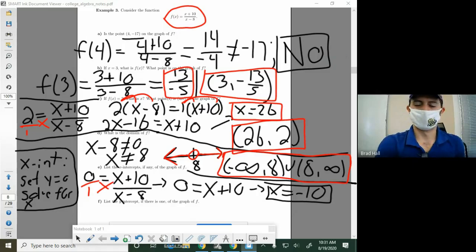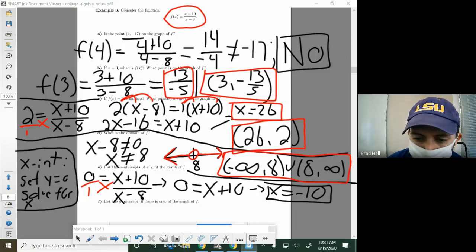And finally, the y-intercept, which is the complete opposite of the x-intercept. Instead of y equal to 0 and solve for x, naturally it's set x equal to 0 and solve for y.